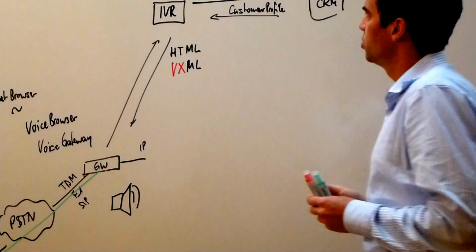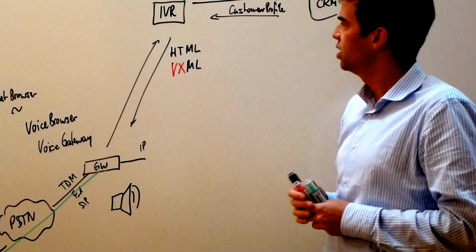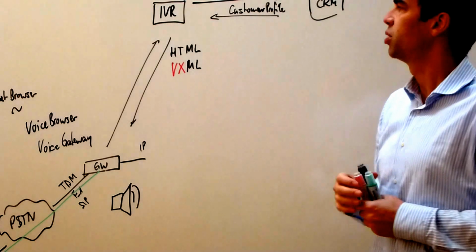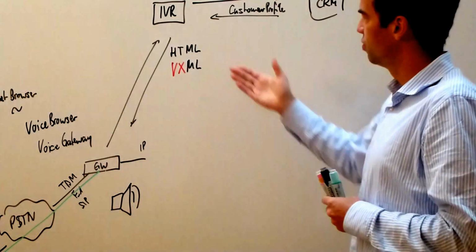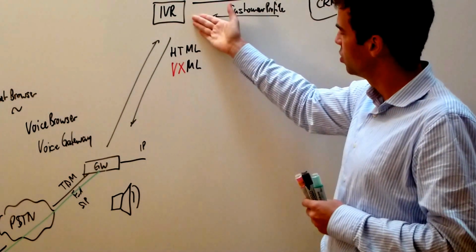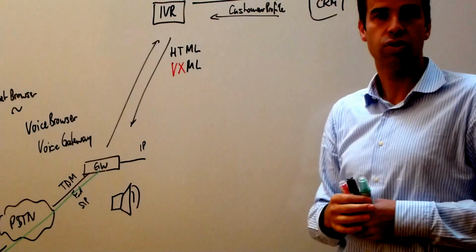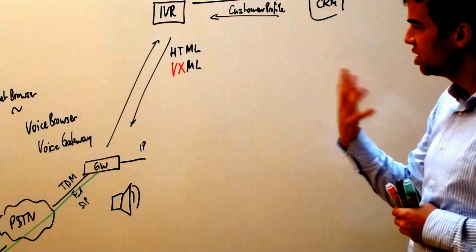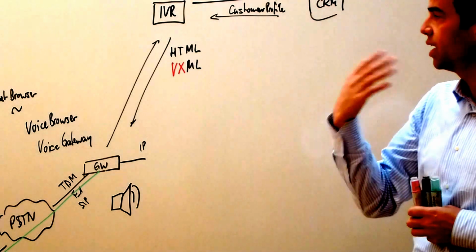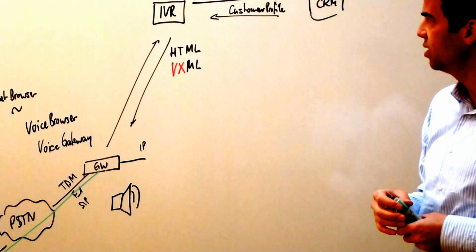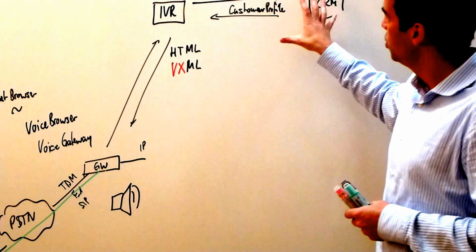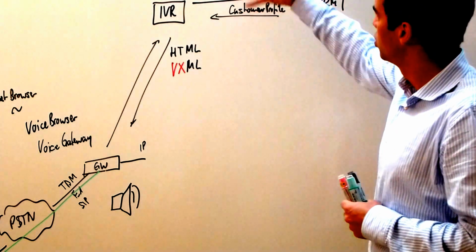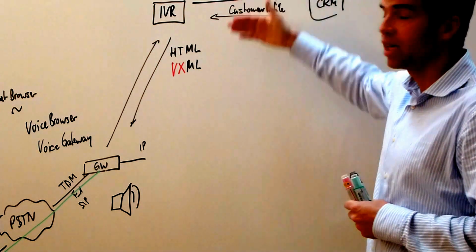Once the IVR knows the customer profile, it can give differentiated treatments to that particular customer. For example, it could give that customer a possibility to access certain services, or it could give this call priority routing, higher or lower priority. Usually, what you could do at this point is also something like phone banking.